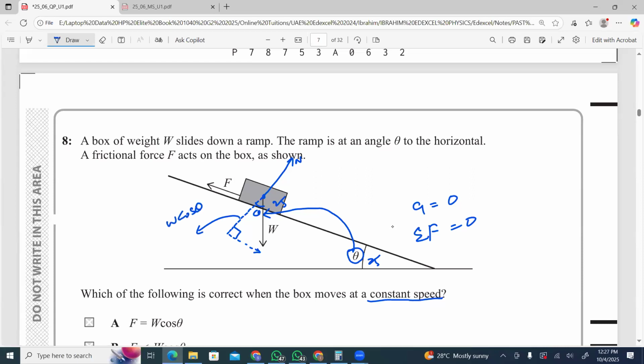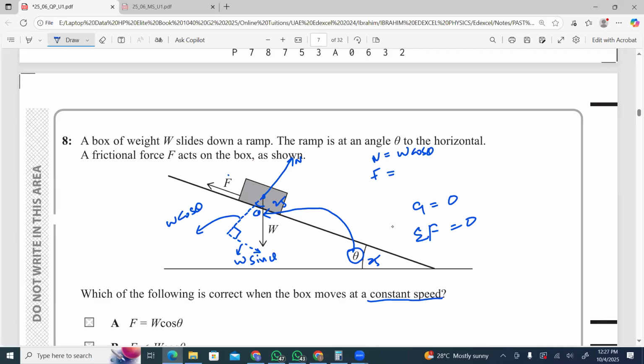Wherever you have the theta and the 90, it always represents the cos side. So W cos theta, and the other one is actually W sine theta. And you can see that this N has been balanced with W cos theta, I mean these two forces have been cancelled out, and the F is going leftward while the W sine theta is going rightward.